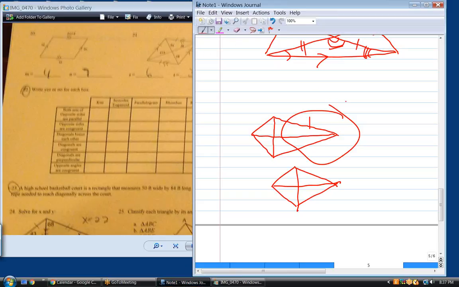Not only that, but the angles are not the same either. In other words, this angle is not the same as this angle, but this angle is the same as that angle. In other words, a kite does have one pair of opposite equal angles, or congruent angles. This angle and this angle is congruent. Okay.